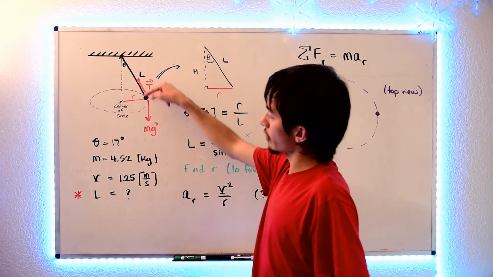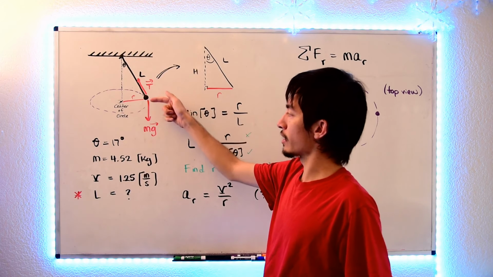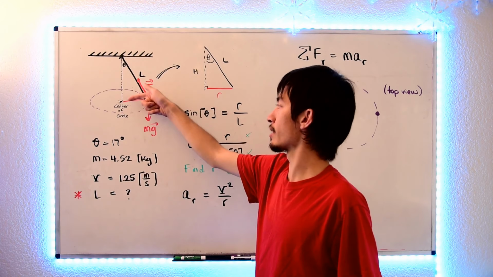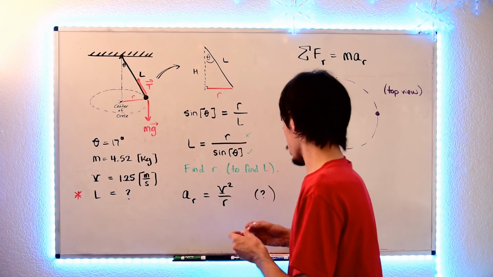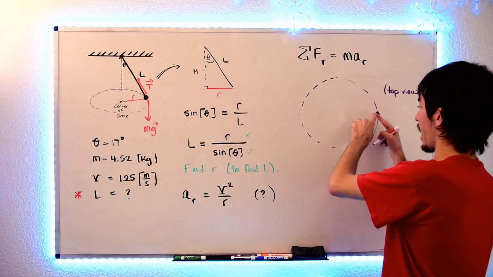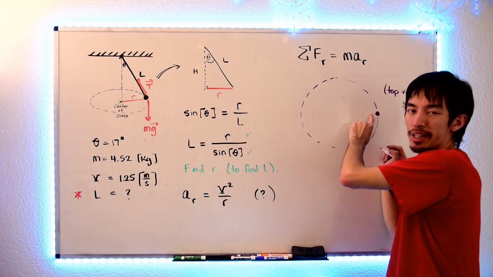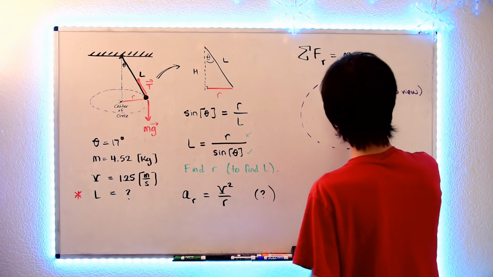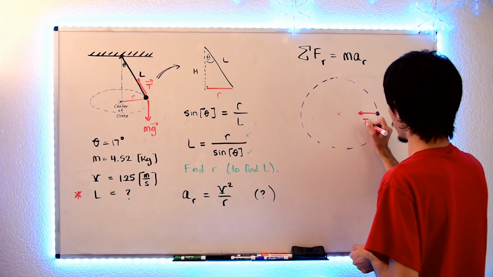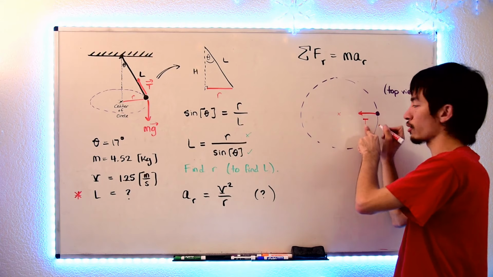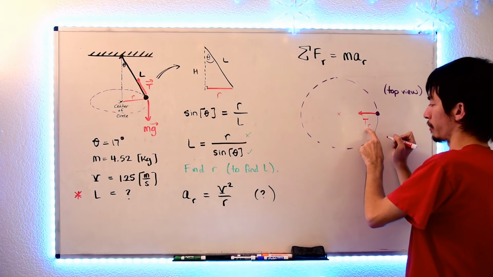However, if you look at this, one of these forces does have a component which points toward the center of the circle, which is actually the tension. So if you were to draw any force in this diagram here, there would be one force, and it would point toward the center, and it would be just the component of the tension. So call that tension radial component, TR.